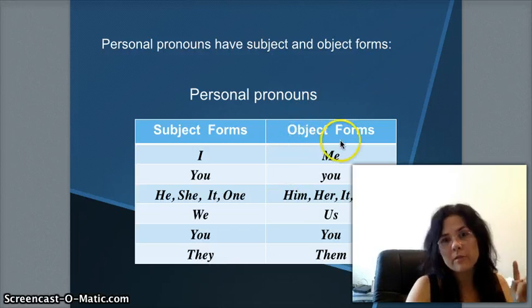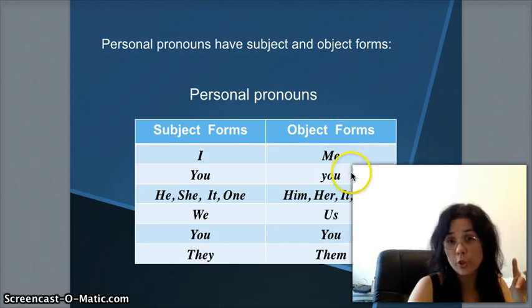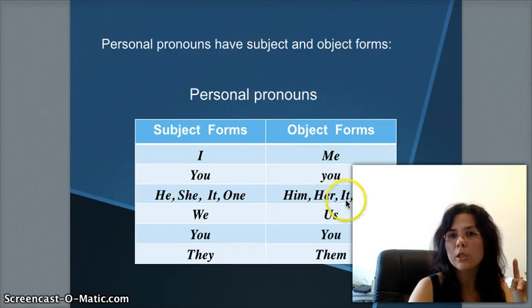If we consider the object forms, we have me, you, him, her, it, one, us, you, and them.